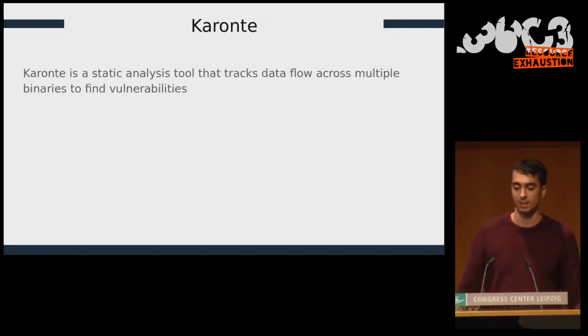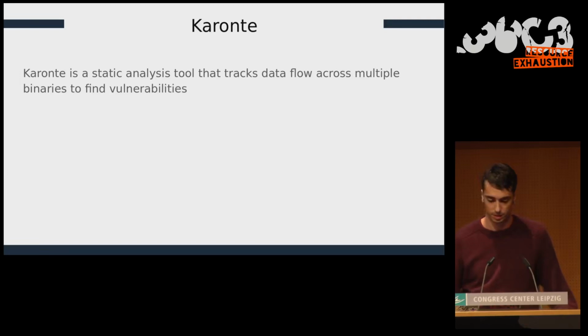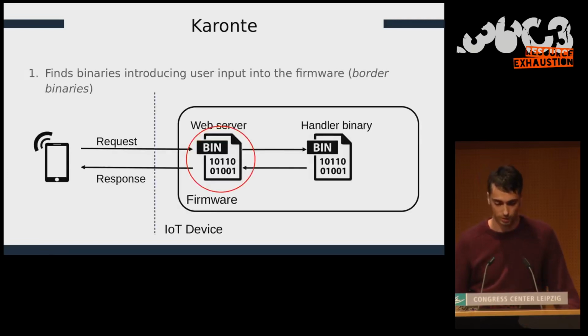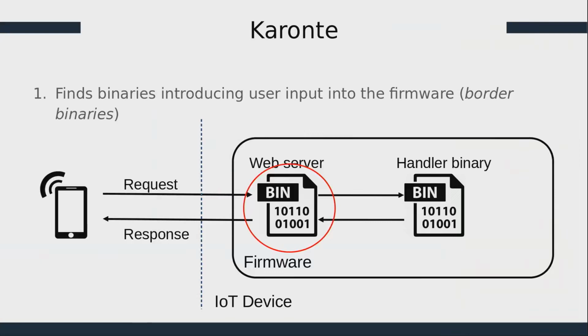Caronte is defined as a static analysis tool that tracks data flow across multiple binaries to find vulnerabilities. Let's see how it works. In the first step, Caronte finds those binaries that introduce the user input into the firmware. We call these border binaries, which are the binaries that basically interface the device to the outside world, which in the example is our web server.